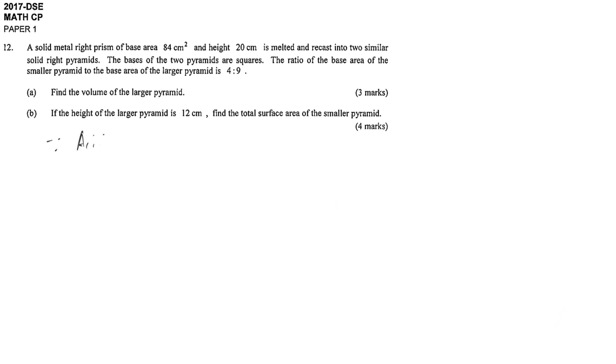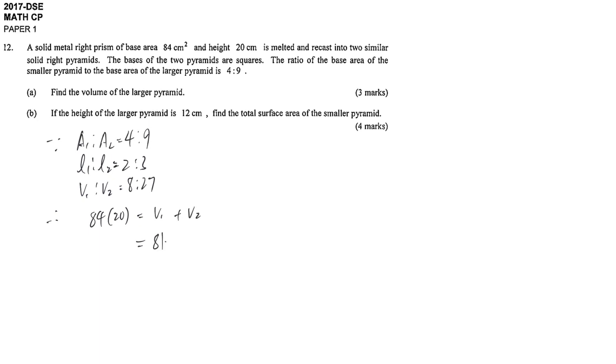Since A1 to A2 is equal to 4 to 9, L1 to L2 is equal to 2 to 3. So V1 to V2 is equal to 8 to 27. And then therefore 84 times 20 is equal to V1 plus V2, which is 8K plus 27K.